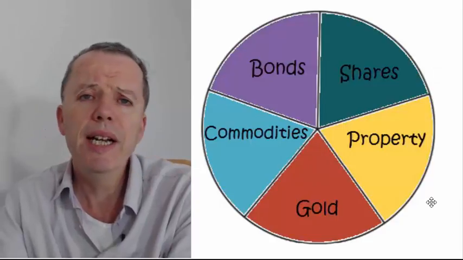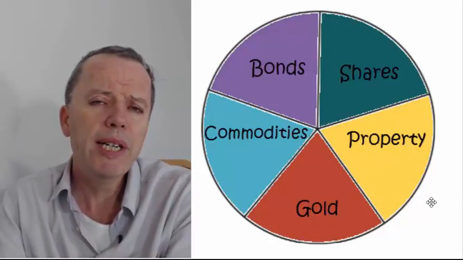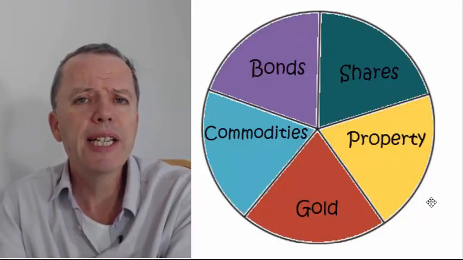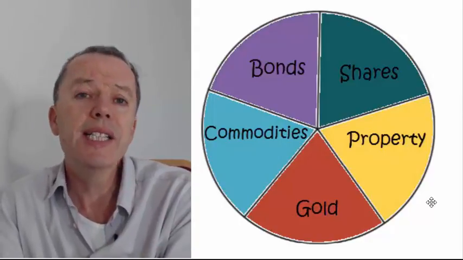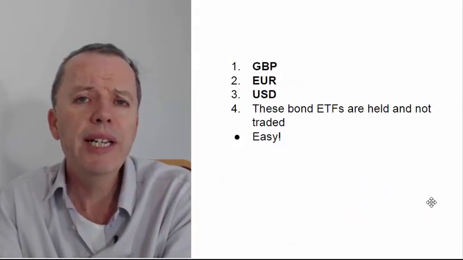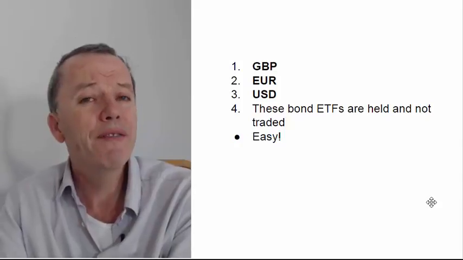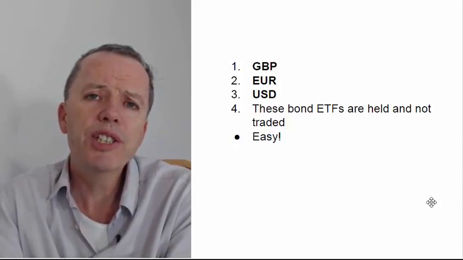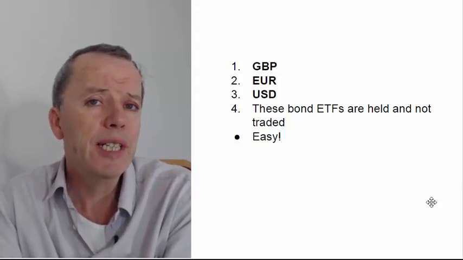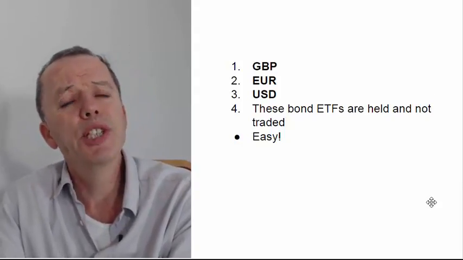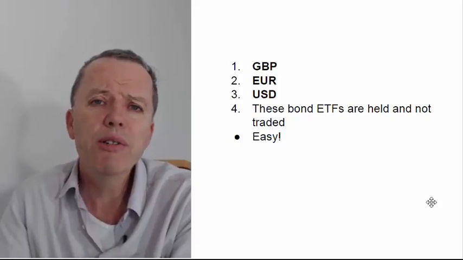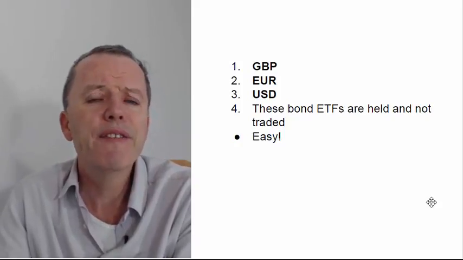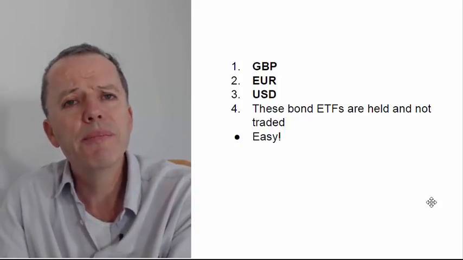Now with bonds, the price of the bond funds that I use tends to oscillate around a little bit. So I don't actually change my position in bonds. I remain invested in bonds. I have 3 different bond funds which are denominated in different currencies. So there's a British pound based one, there's a euro based ETF, and there's an American dollar based ETF.